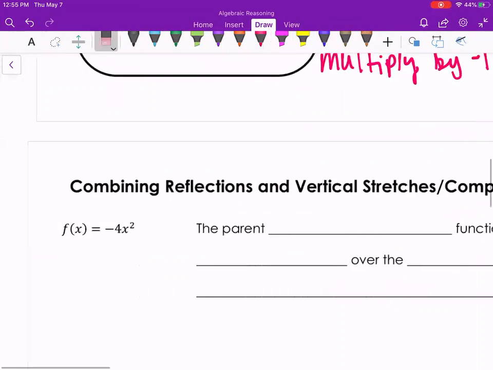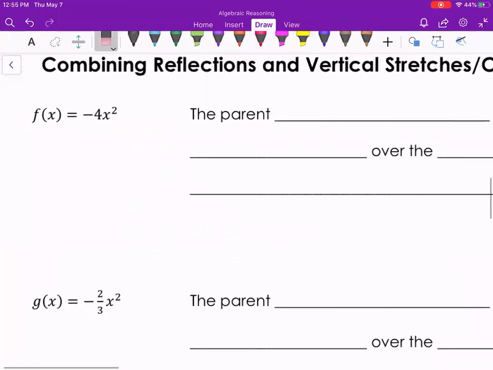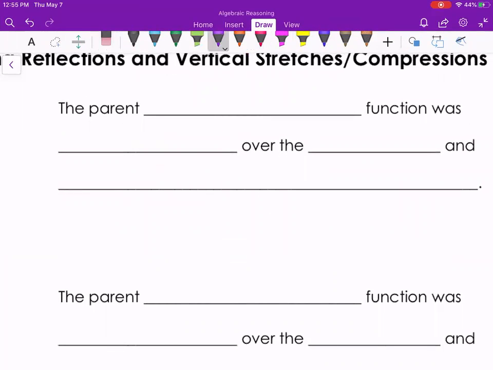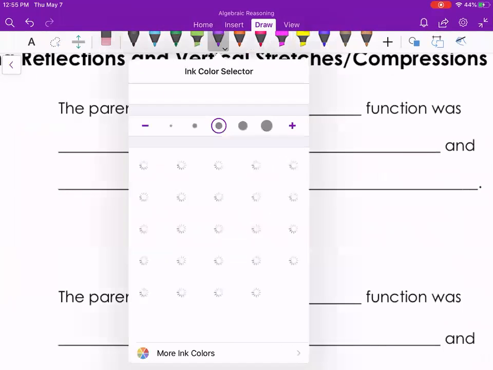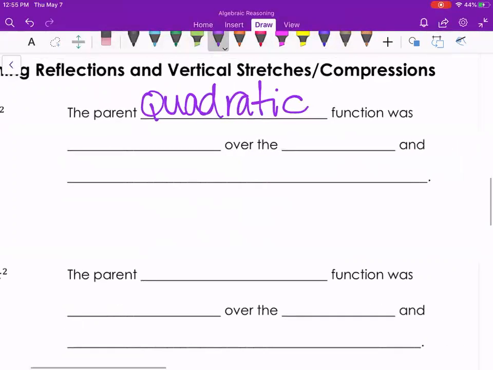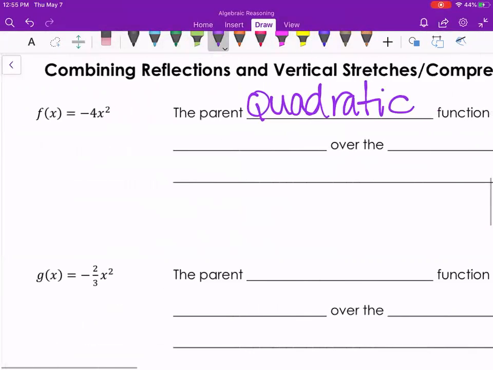All right, so we have the equation f of x equals negative 4x squared. So we're going to fill in the blank. This is a quadratic. Let's clean that up, make it a little bit easier to read. So the quadratic function was, let's get the A value. My A for this equation is a negative 4.